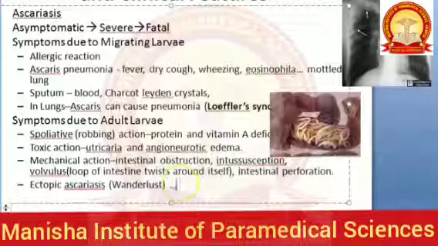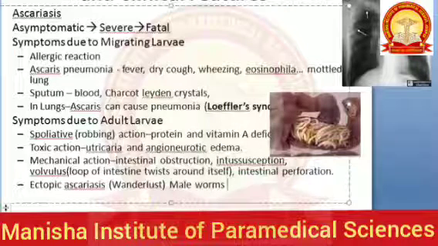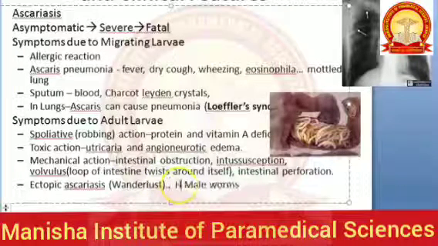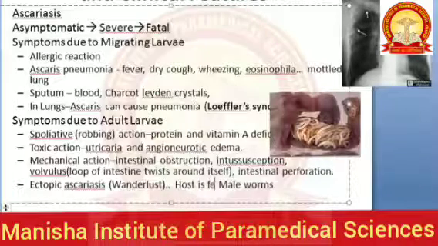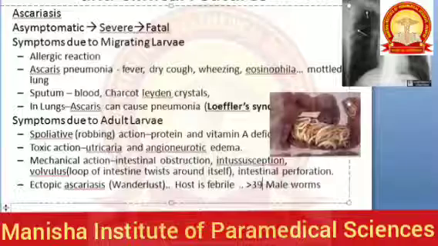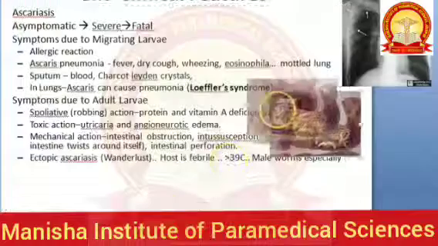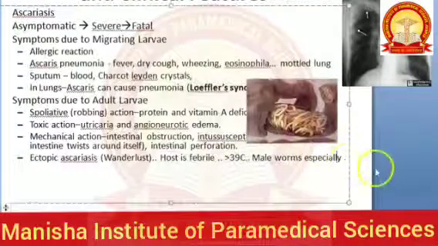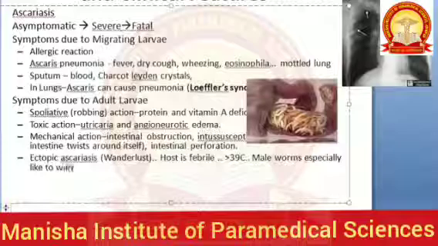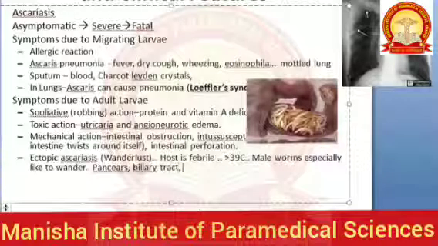Especially when the host is febrile, greater than 39 degrees centigrade, male worms like to wander. They reach the pancreas and the biliary tract, causing obstruction and pancreatitis.